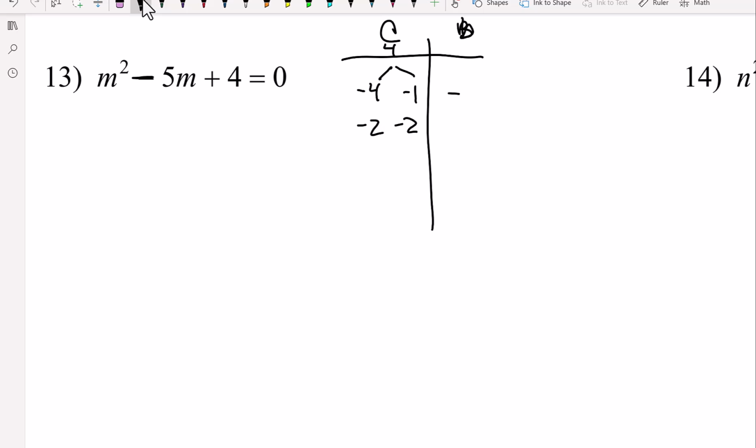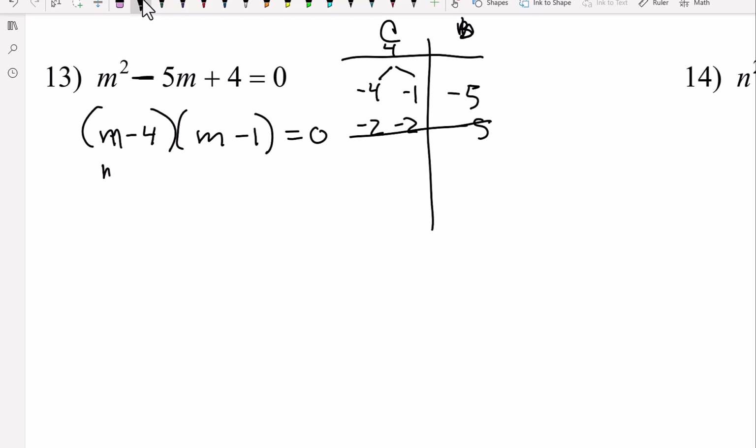Well, they have to add up to negative 5. These two don't. So we're going to have m subtract 4, m subtract 1, set equal to 0. So the opposite of negative 4: m is equal to positive 4, m is equal to positive 1. I'll put them in order, least to greatest.